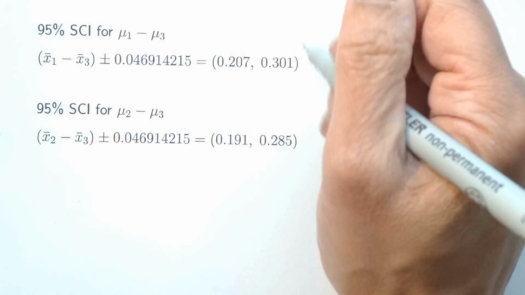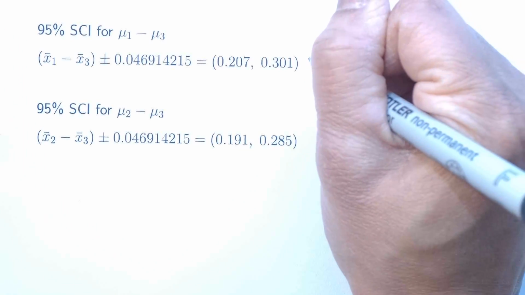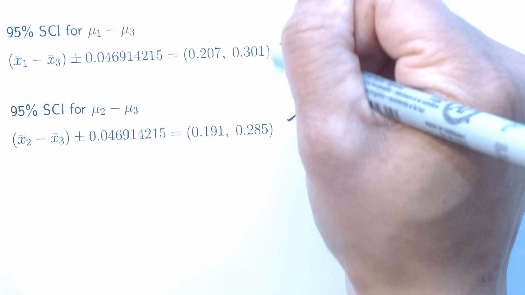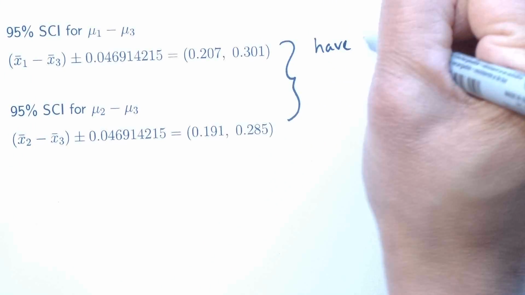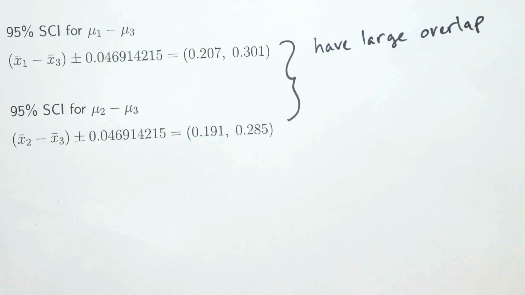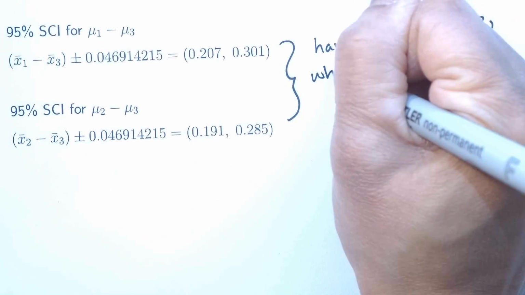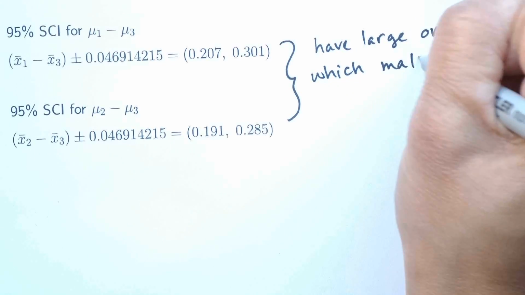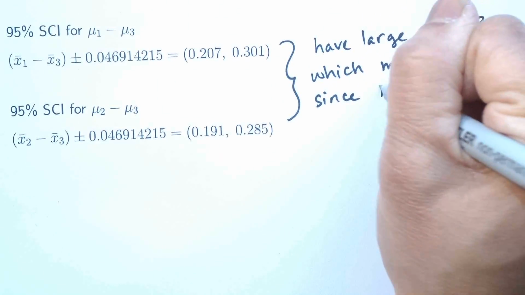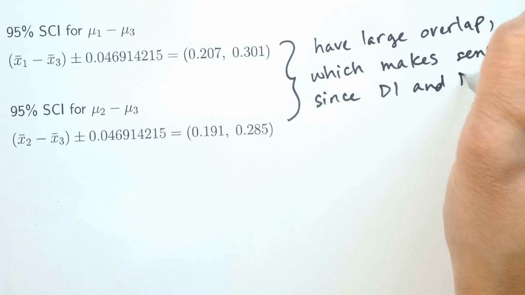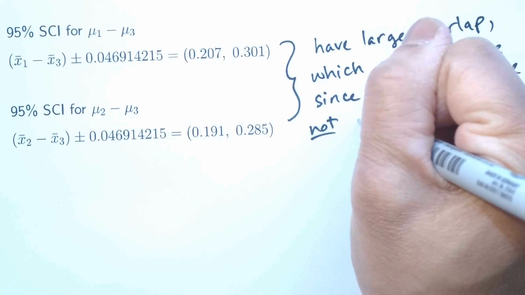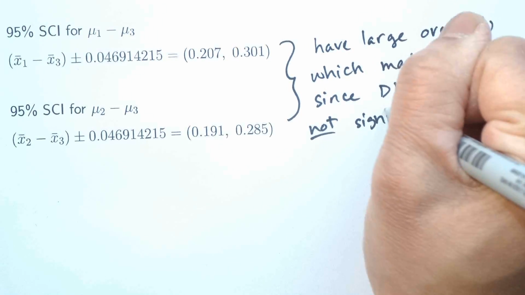We can see that these two confidence intervals have large overlap, which makes sense since D1 and D2 are not significantly different.